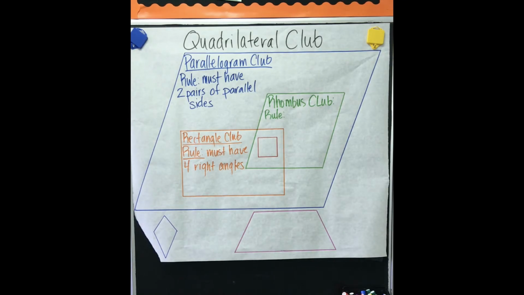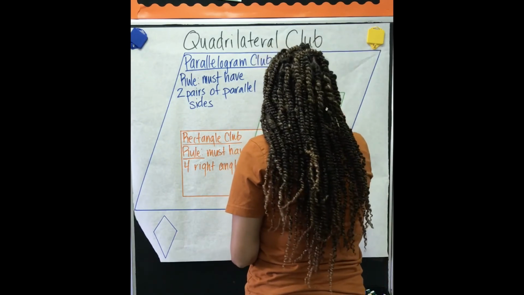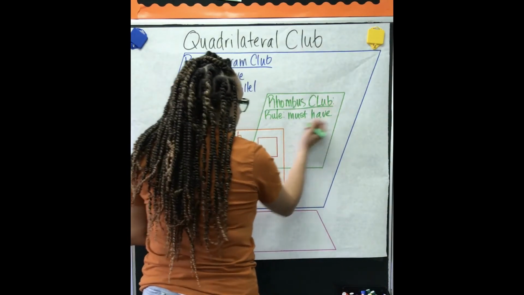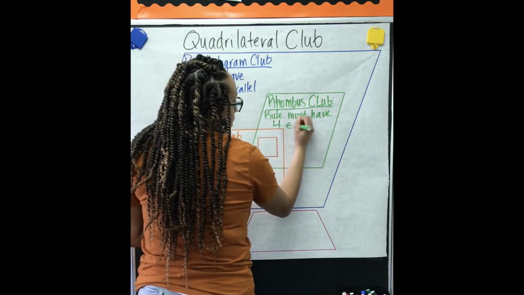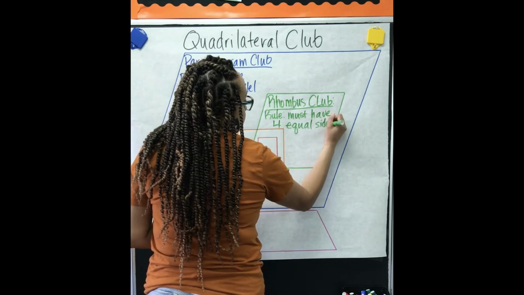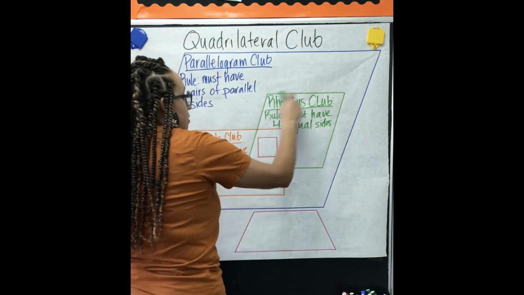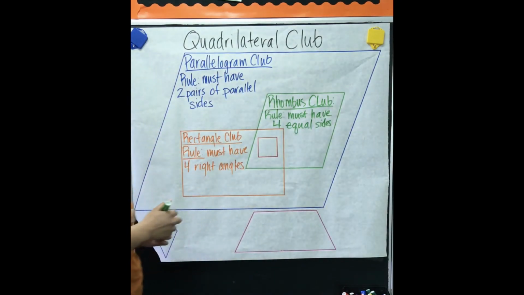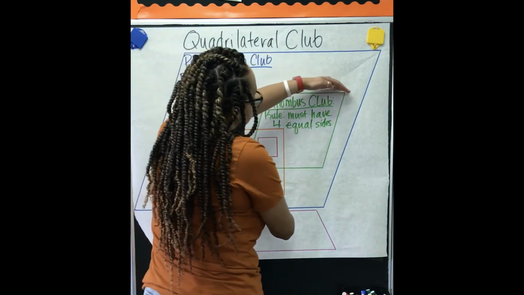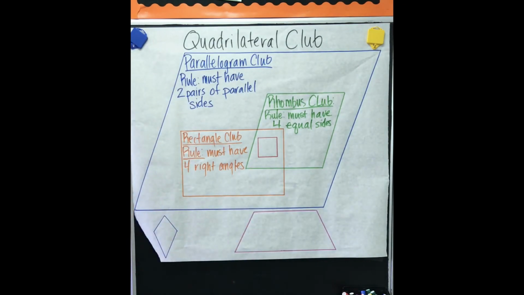The rule for the rhombus club is it must have 4 equal sides. If we measured this, each side would be equal. So it also has to have 2 sets of parallel sides, which it does. These are parallel and these are parallel.